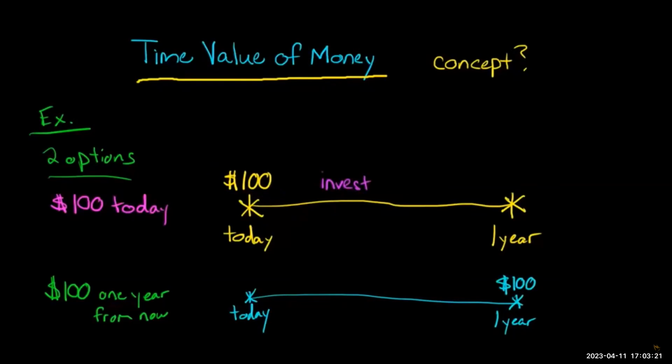Let's say you took it to the bank and got a 5% return on some kind of investment. At the end of that year, you don't have $100 anymore. Well, what do you have? You're going to have 100 times 1.05, which is going to be $105.